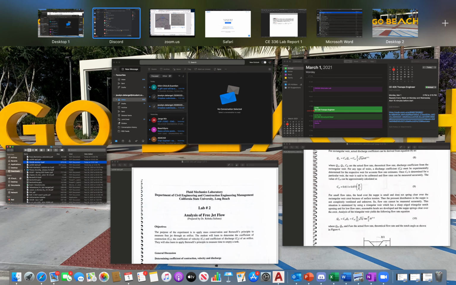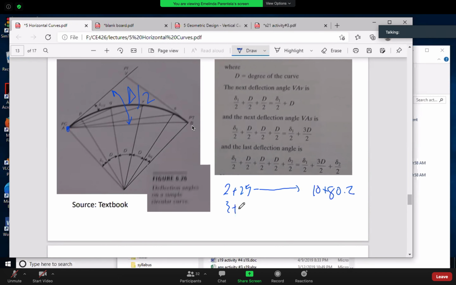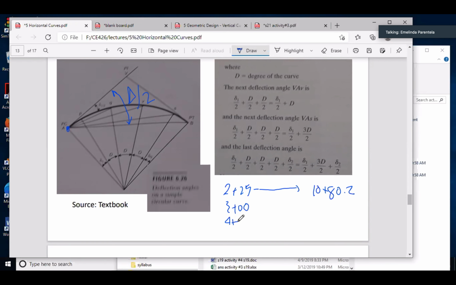So first we go to 3 plus 00, 4 plus 00, 5 plus 00, up to 10 plus 80. Okay, I understand now. So that's why you'll have several segments.